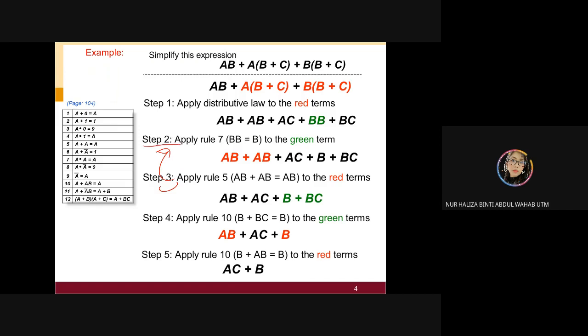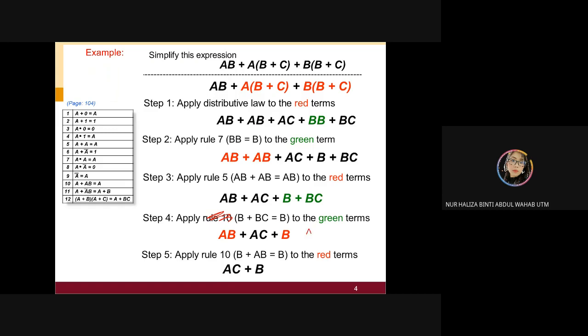No need for you to follow directly because every person has a different way to simplify, as long as at the end of the answer you get the similar simplified version. Let's say I don't want to use rule number 10. How can I do it? I can also do it like this.